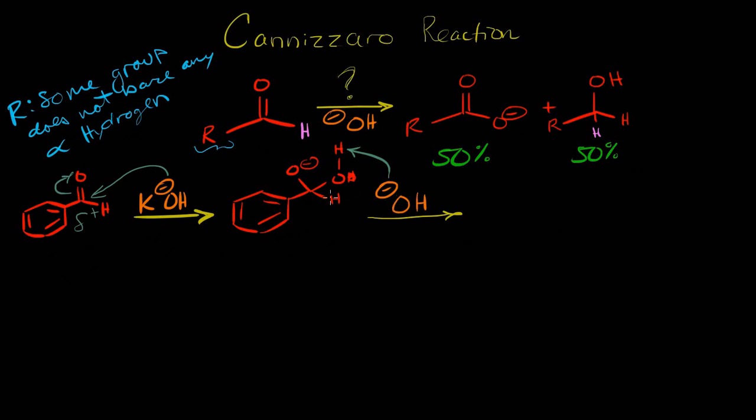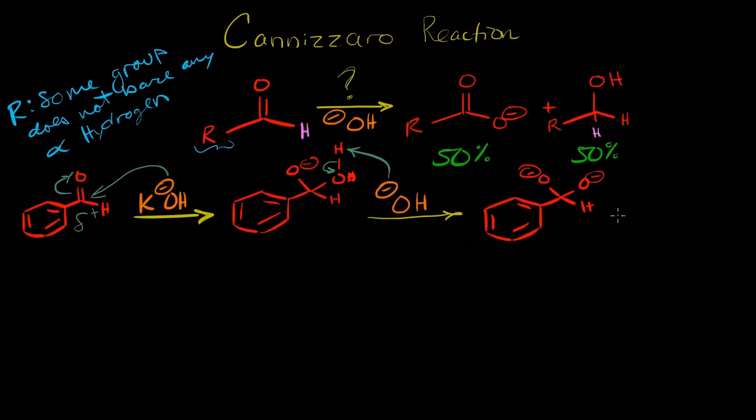The extra pair of electrons on our hydroxide pulls off that H, and electrons get flopped down onto that leftover oxygen. We get our next intermediate, which just looks like this. We have two anions in the same molecule, which is kind of weird, but it's very possible.